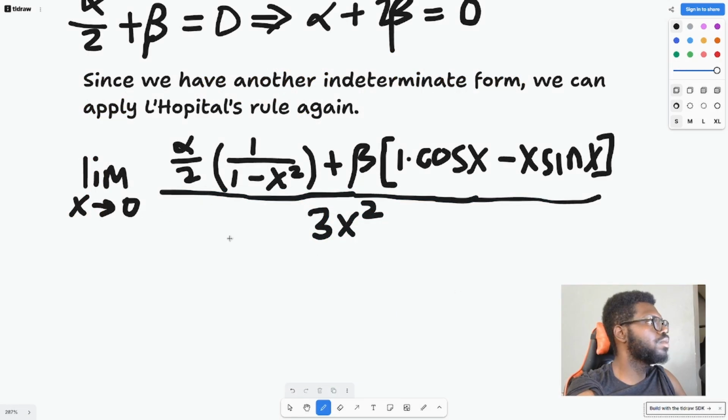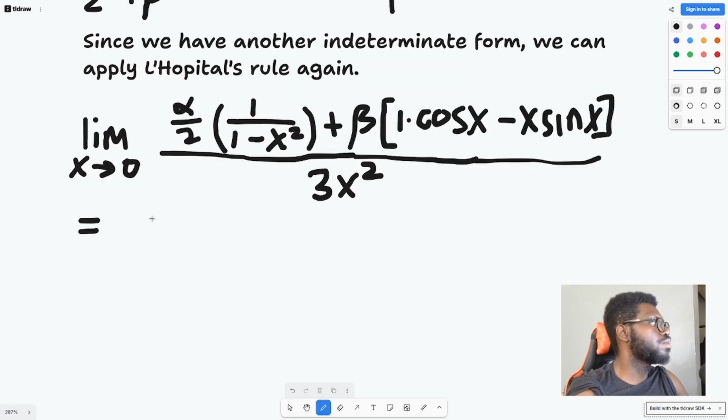All right, now we're going to apply L'Hopital's rule to the expression that we got from differentiating the original limit. We're going to differentiate again. I've copied this expression from above. This limit is going to be equal to the limit as x approaches 0 of alpha over 2.